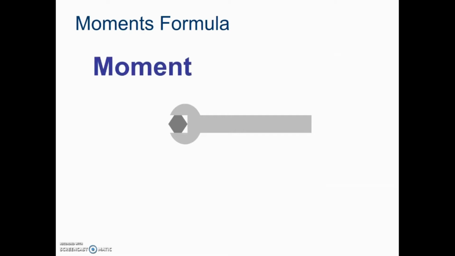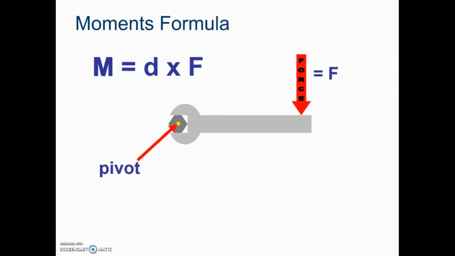Now for our formula, a moment is equal to d times F, where your F represents the force being applied to your object, and your d represents the perpendicular distance from your fulcrum.